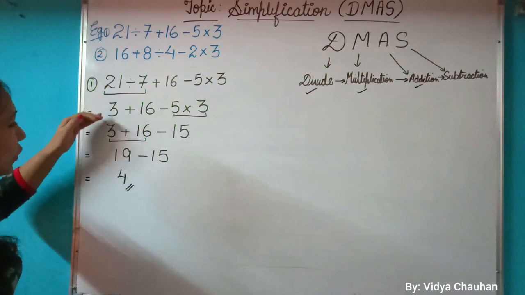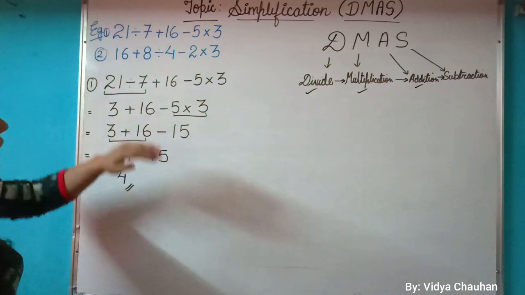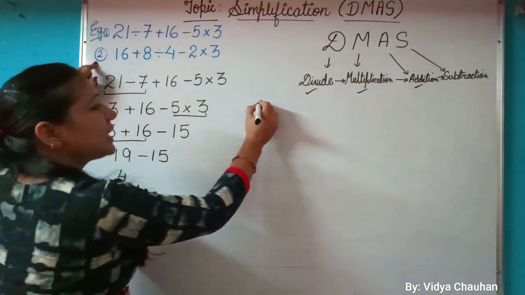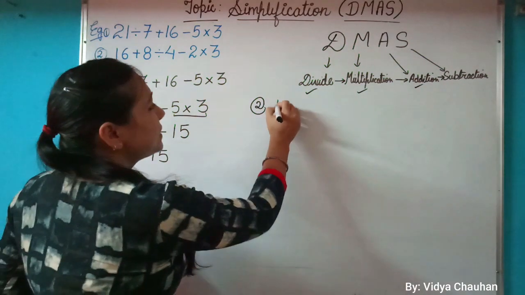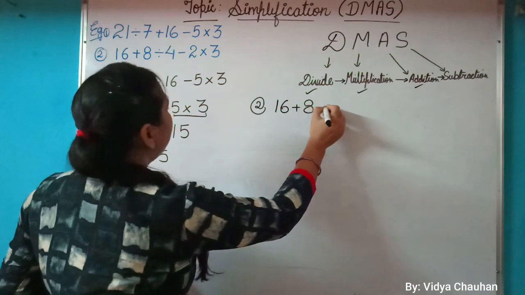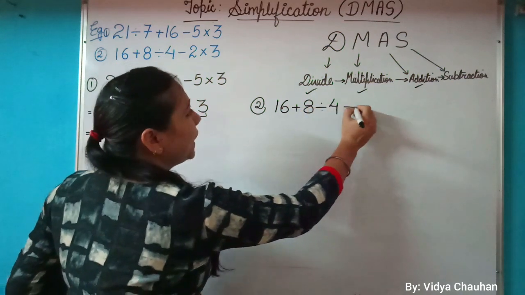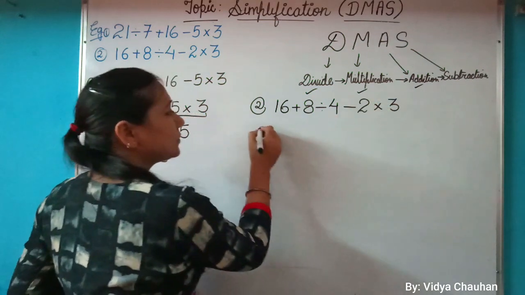This is how you can solve questions related to simplification. Now let us take one more example for better understanding. In the second part, it says 16 plus 8 divided by 4 minus 2 multiplied by 3.